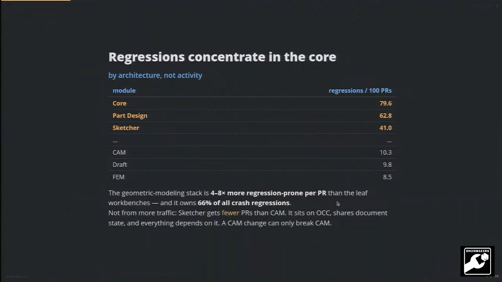The reason for that, contrasting that with the leaf workbenches, CAM, FEM, is that anything I do in CAM can only break CAM. But things that touch Sketcher and Part Design can break all over the place. And that's exactly what we see: the changes in that core stuff end up causing the regressions that pop up.